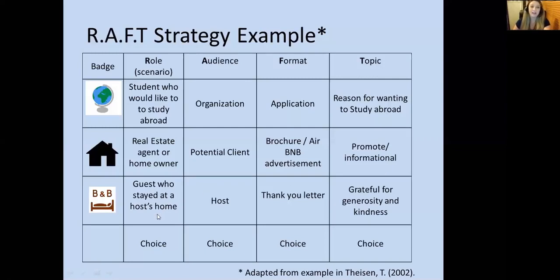A guest who stayed at a host's home wants to write a thank you letter to the host, and the topic is that you're grateful for their generosity and kindness. So you can see how this format can go in so many different directions and can include so many different ranges of proficiency levels.